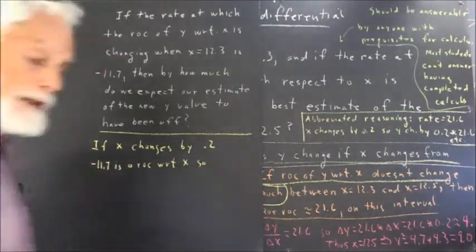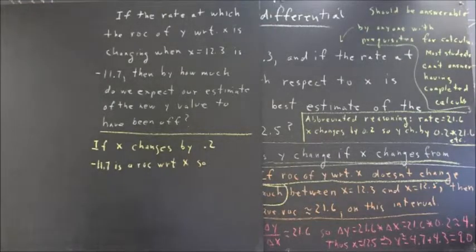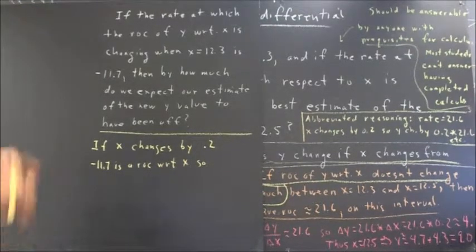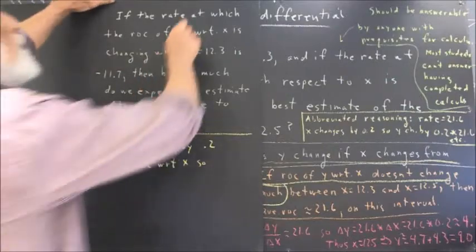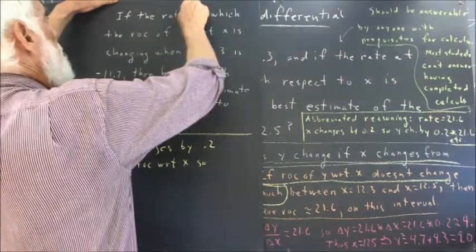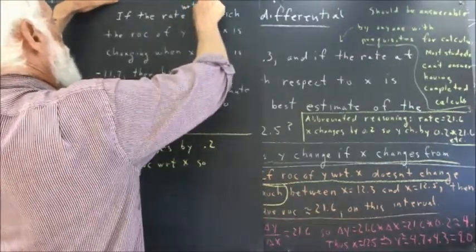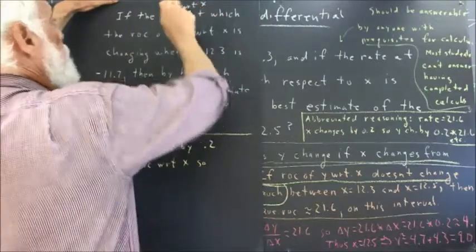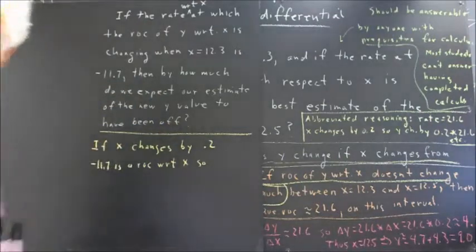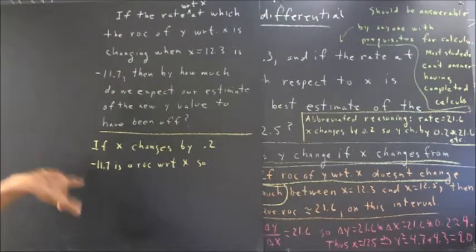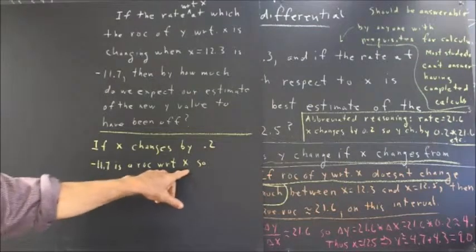So, let me just append something up here. If the rate, and I'm going to say with respect to x because I never put that in there, if the rate with respect to x at which the rate of change of y with respect to x is changing, etc. Now it's more justified in saying that this is a rate of change with respect to x.